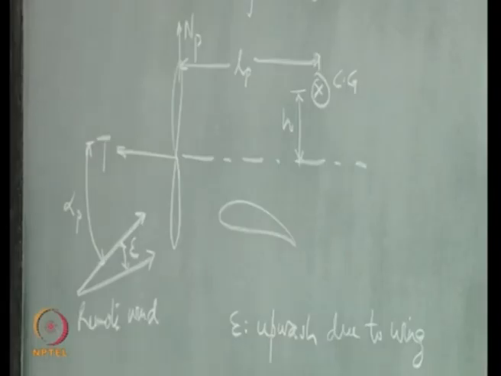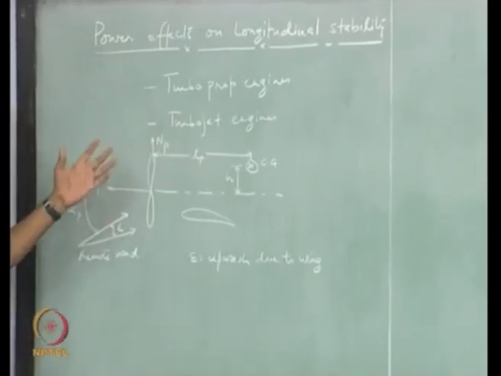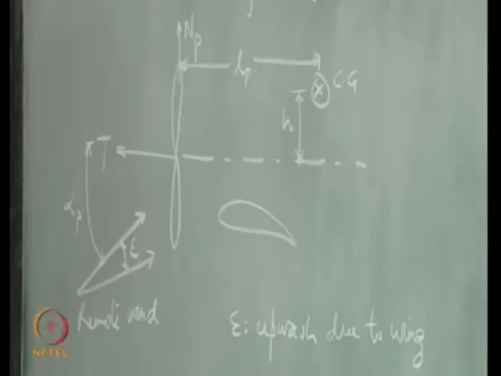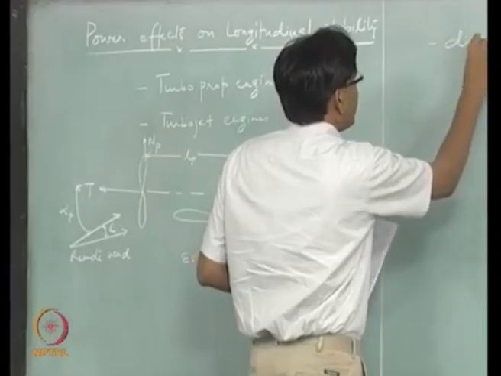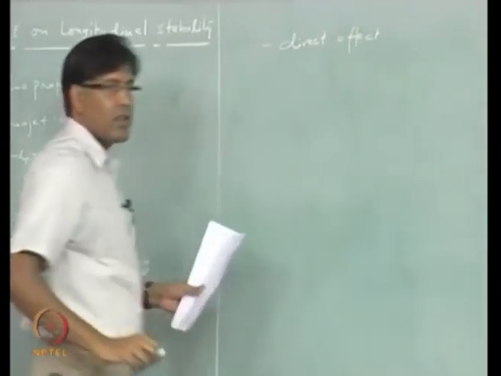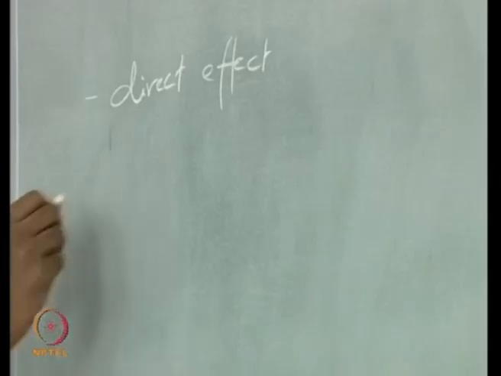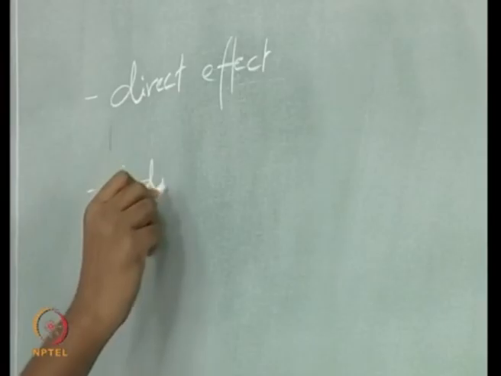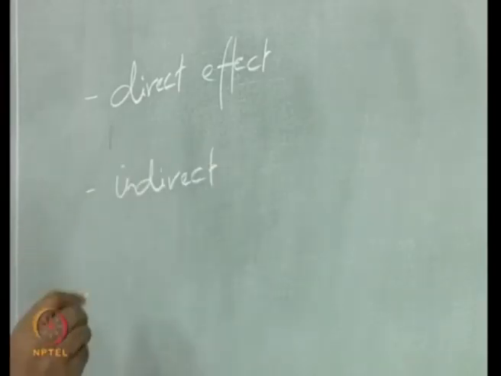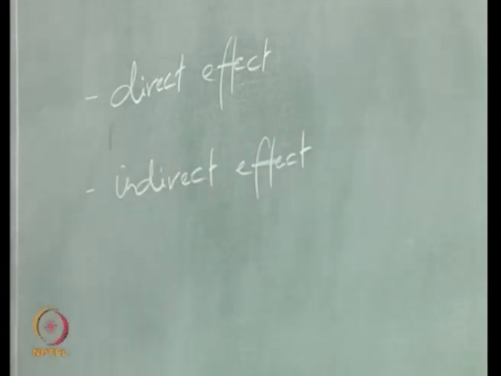There are two effects which a running propeller can have on longitudinal stability. One is the direct effect, the other one is the indirect effect. Okay.